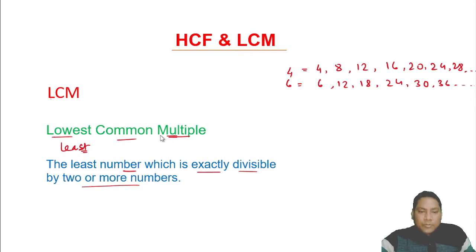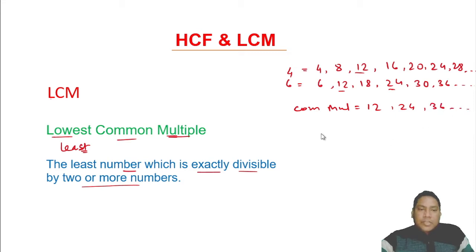Now which are the common multiples of 4 and 6? The common ones are 12, 24, and likewise 36 and so on.